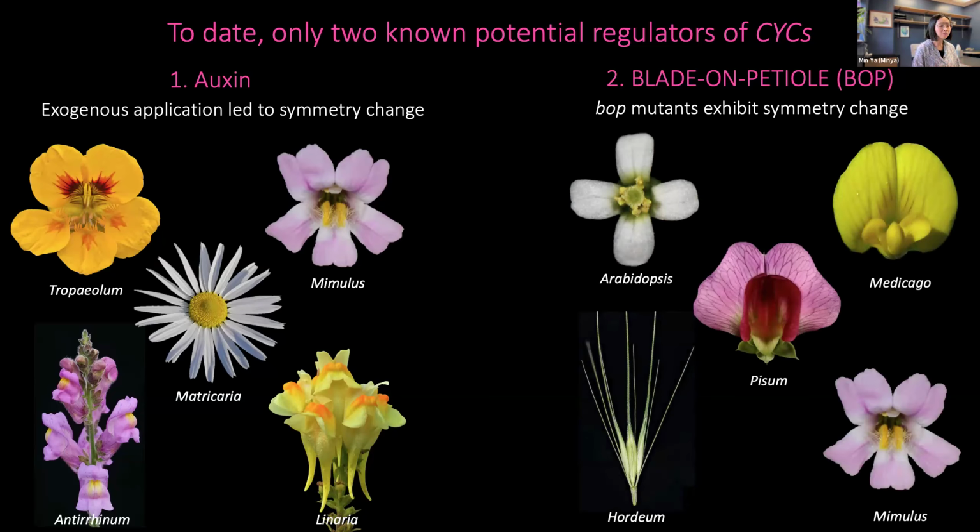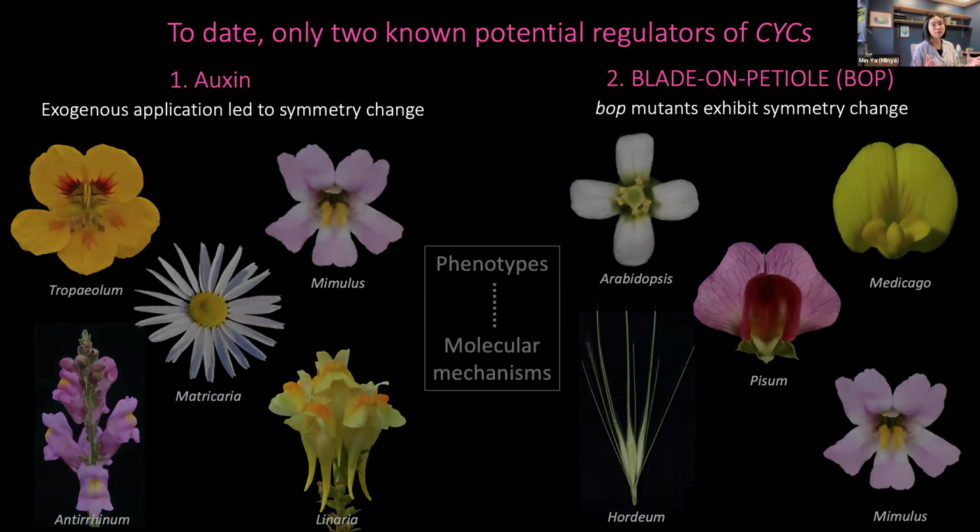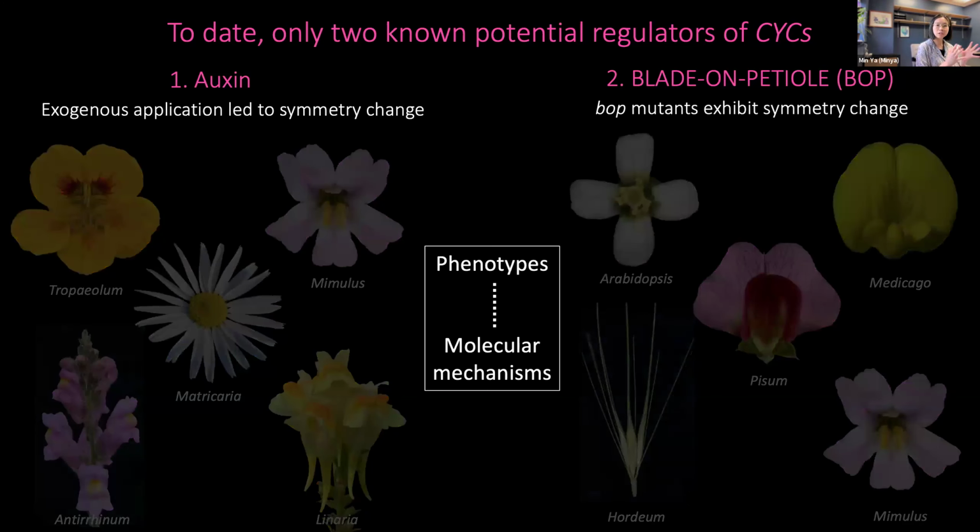But how those involvements are implemented at a molecular level is not known, because we're all facing the common bottleneck that phenotypic effects can be really hard to translate into molecular mechanisms. To understand the molecular mechanisms, we need systems that have bilaterally symmetric flowers, but are also equipped with proper tools.